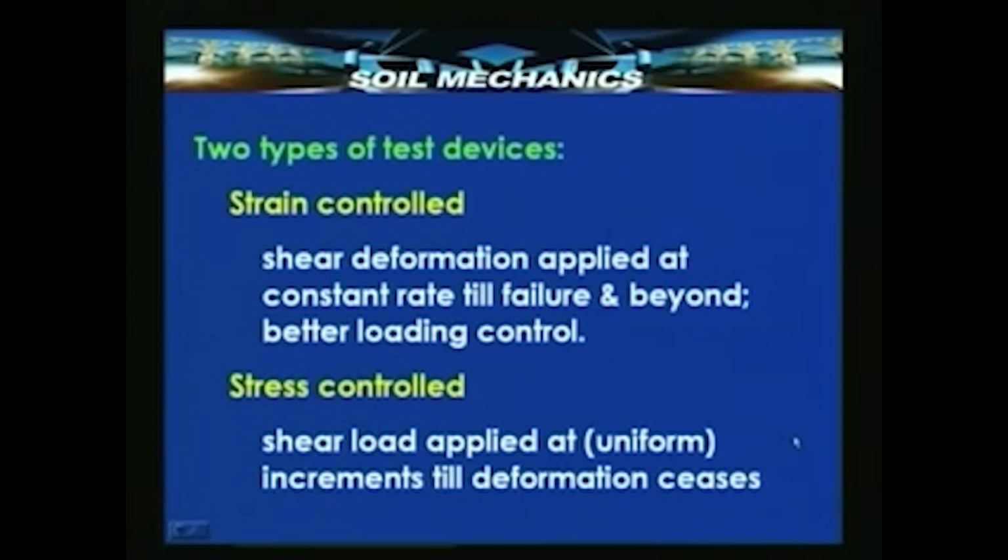There are 2 types of test devices. We have to apply a shear force to the soil. We have to allow drainage to take place if we want to do a drained test. All this implies that there has got to be a certain rate of shear which should be sufficiently slow, considering the type of soil we have, to permit water flow.